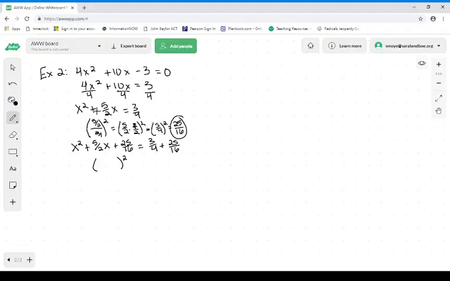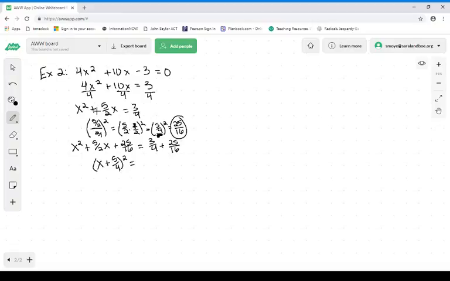Remember, it's whatever b divided by 2 was. What value did I square? I squared 5 over 4, positive 5 over 4. So this binomial is x plus 5 over 4. We have that being squared, and it's going to equal 3 over 4 plus 25 over 16.